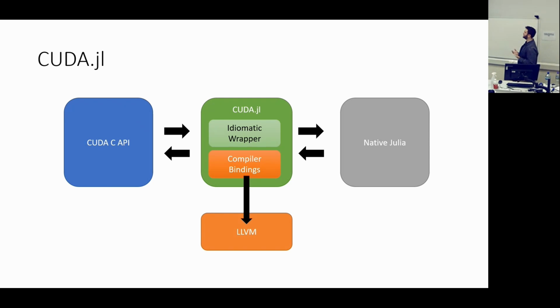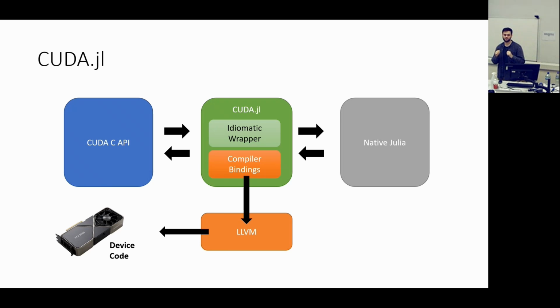Julia's compiler uses LLVM, and LLVM is a way of allowing you to compile code to a lot of different backends, a lot of different devices, including GPUs. So essentially what happens is you write some native code in Julia, use CUDA.jl's compiler bindings, which then uses LLVM.